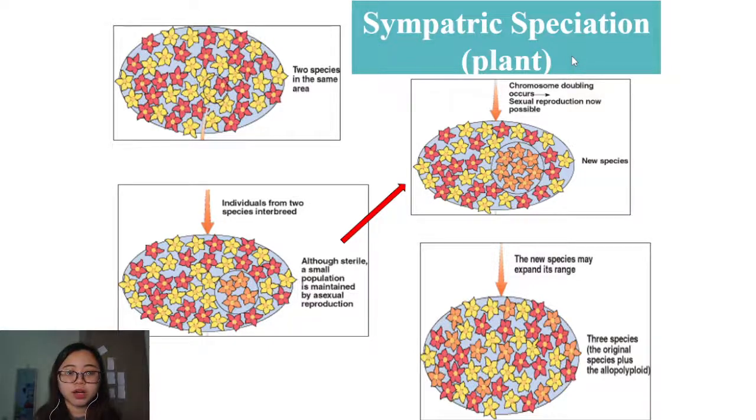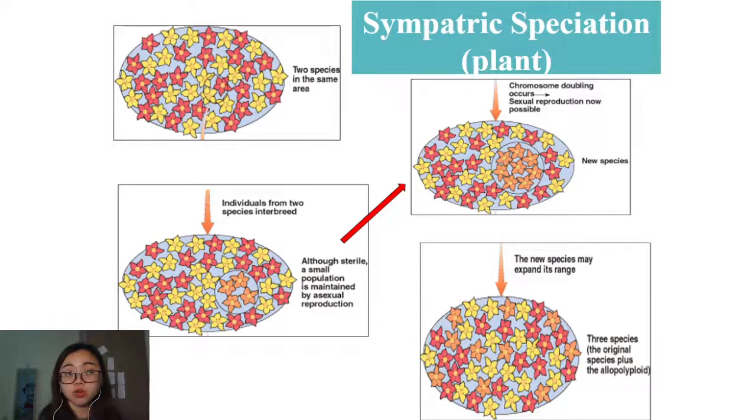But through random mutation, chromosome doubling occurs and sexual reproduction is now possible. The orange flowers will reproduce sexually with each other, and eventually the orange flowers will become a new species. In this area, there are now 3 species of flowers: the red, the yellow, and the new hybrid orange.